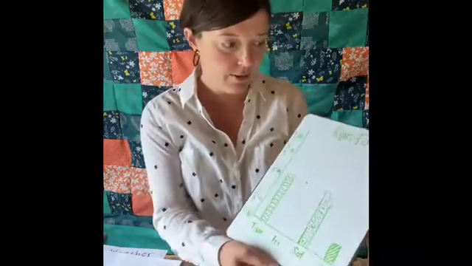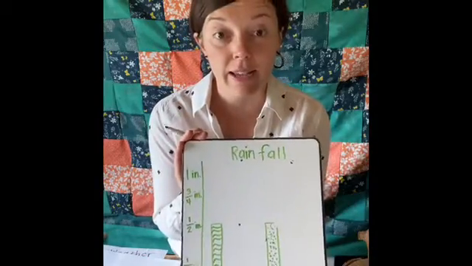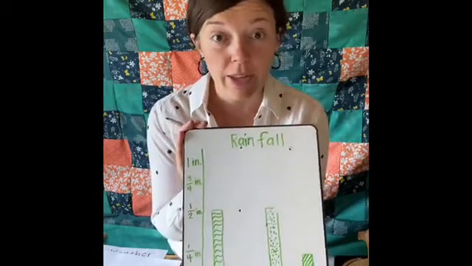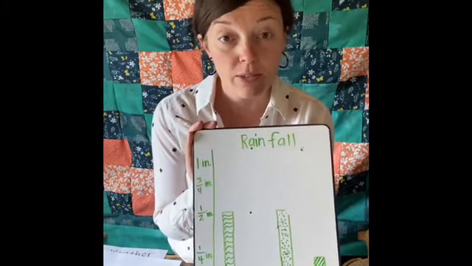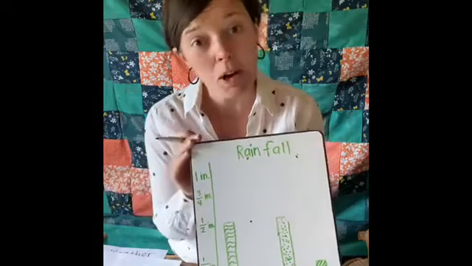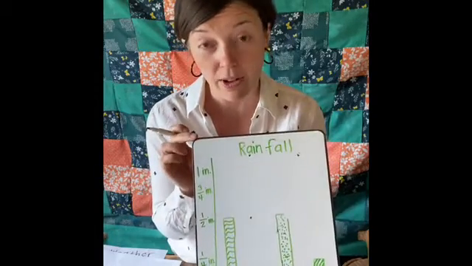And let's go over a couple of important parts that every graph should have. So it has a title. Now the only thing missing from this title, I notice, is that it says rainfall, but it doesn't really tell me when this rainfall happened.